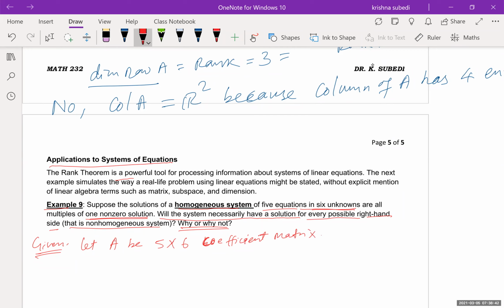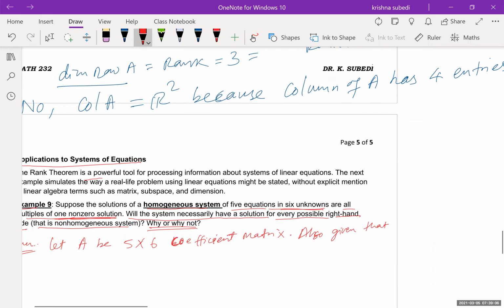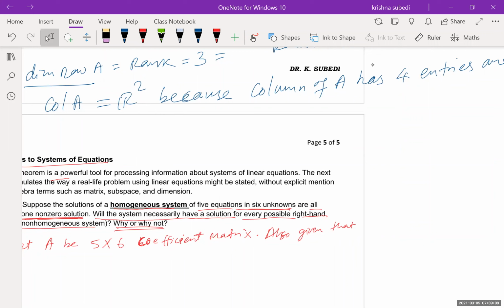And also given that these solutions are all multiples of one non-zero solution. So that means the nullity, the dimension of null A, equals 1. That is given.